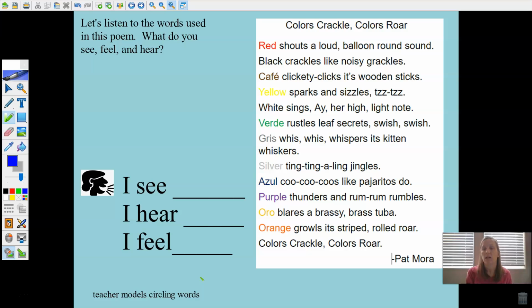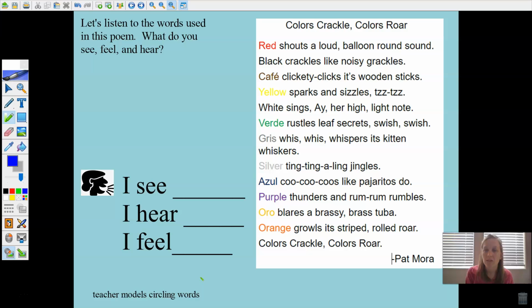Colors crackle, colors roar. Red shouts a loud balloon round sound. Black crackles like noisy grackles. Cafe clickety clicks its wooden sticks. Yellow sparks and sizzles. White sings a high light note. Verde rustles leaf secret, swish swish.